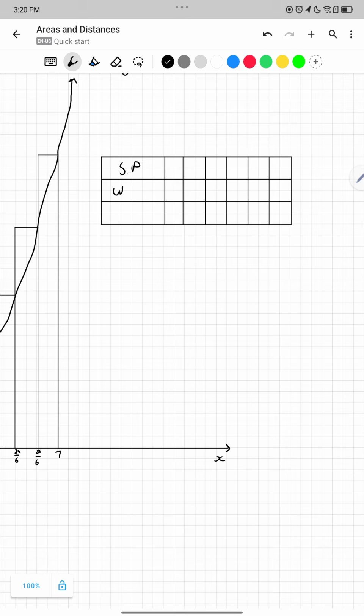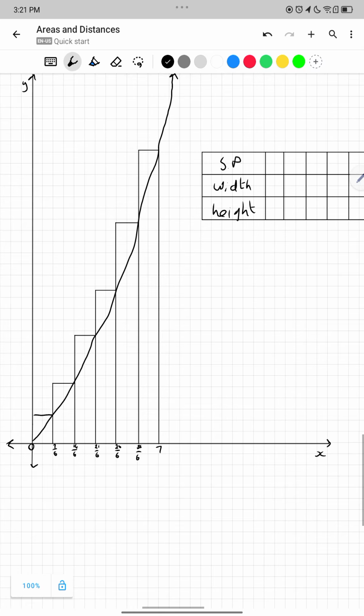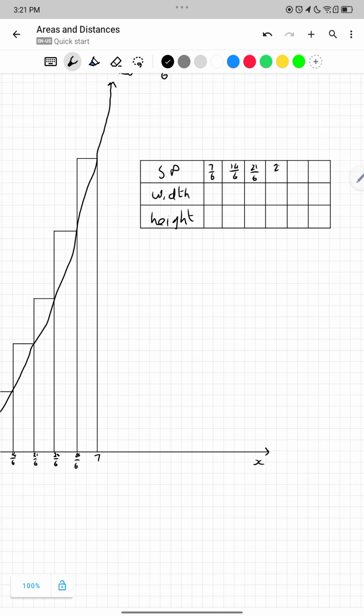Sample points, width, height. It's quite easy since we're using right endpoints. 7/6, 14/6, 21/6, 28/6, 35/6, 7.